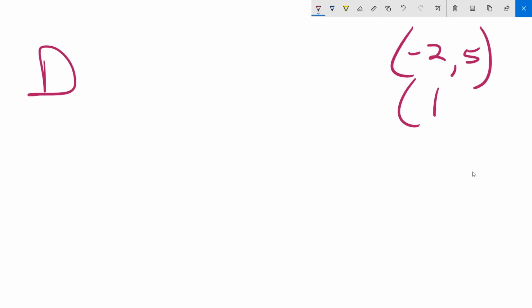Alright, so now we're going on to finding the distance. Find the distance between the points (-2, 5) and (1, 5).